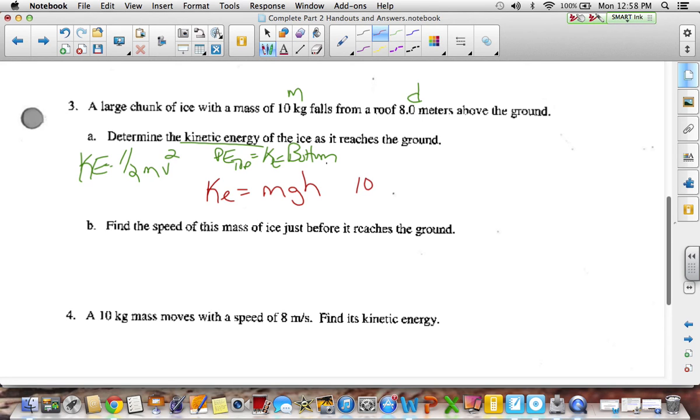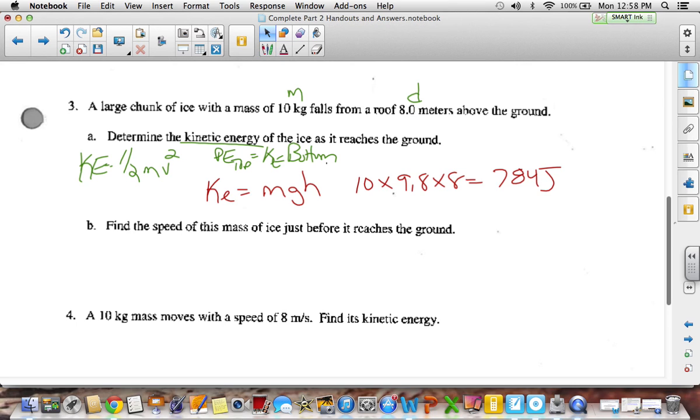We've got 10 times 9.8 times 8, which equals 784 joules. So don't get concerned about not always having the right things. You have to be able to think through what this information is telling you and what information you have available. Okay?